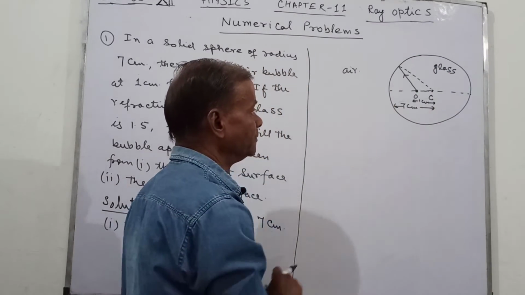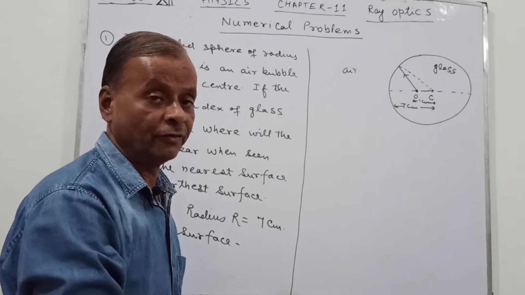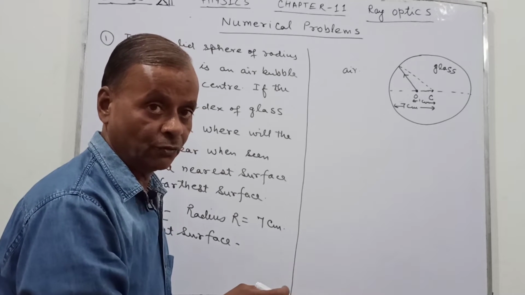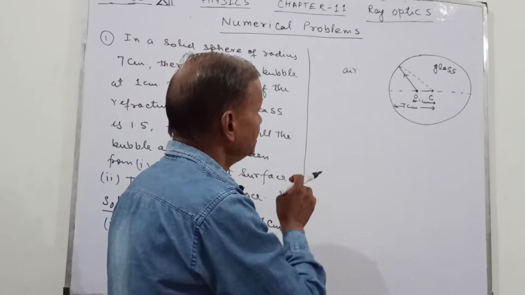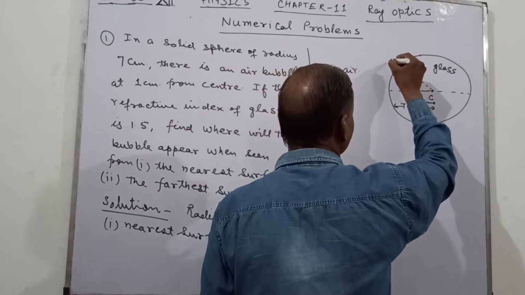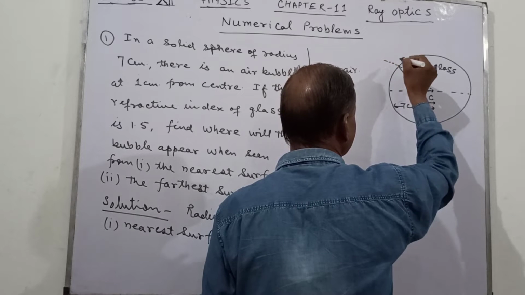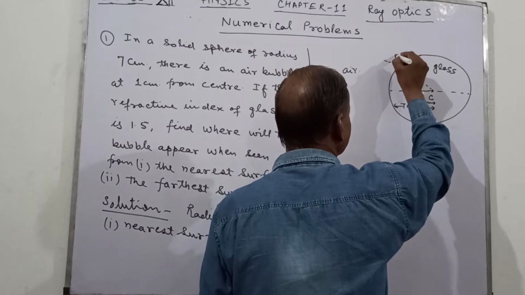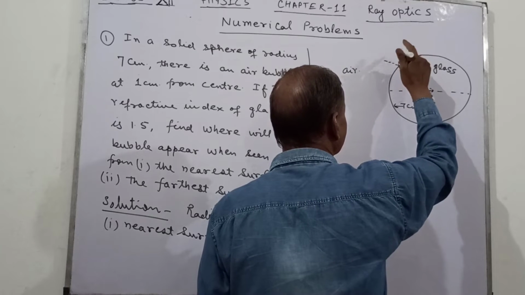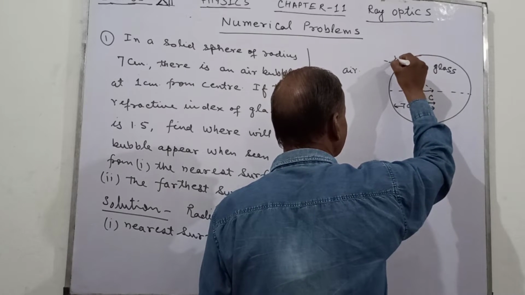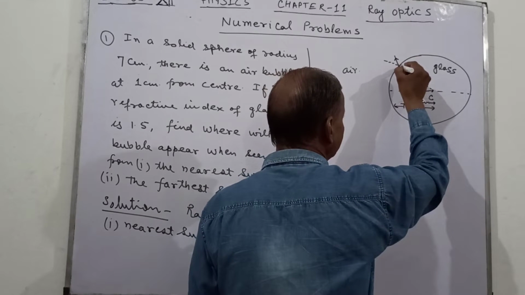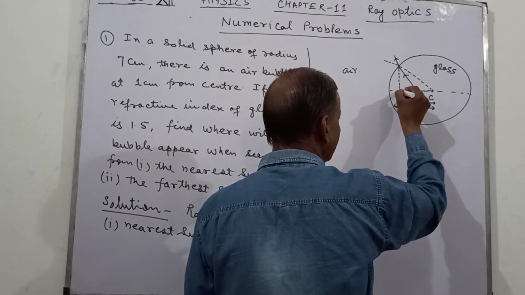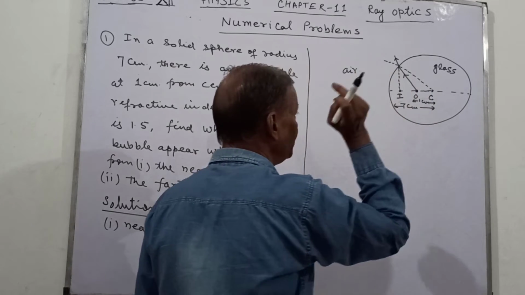And we know that when there is refraction from denser to rarer, the light ray goes away from the normal. So the normal will be like this, and the light ray will be in this direction. If we extend it backward, then this will be the image that we have to find.